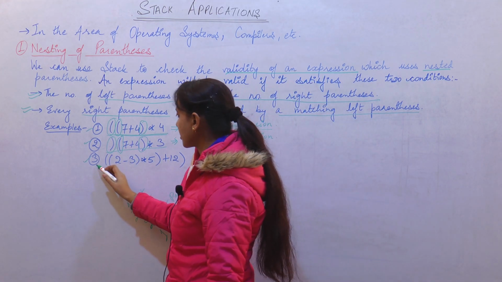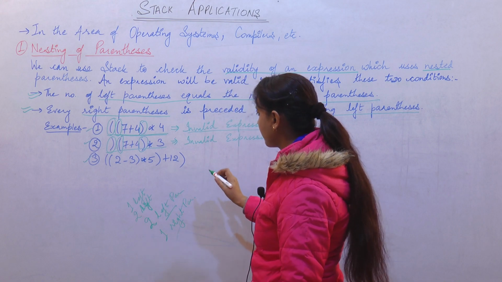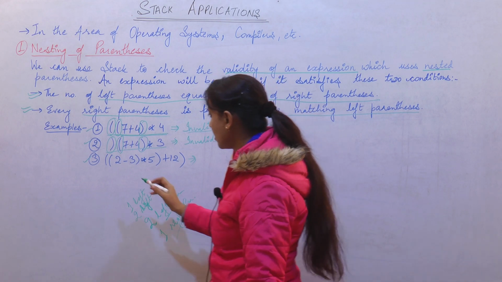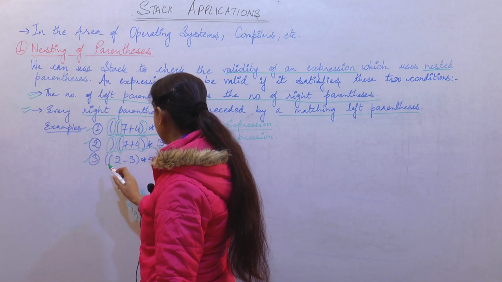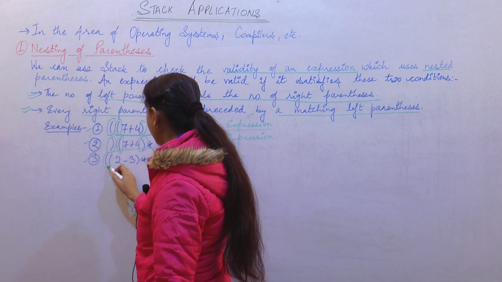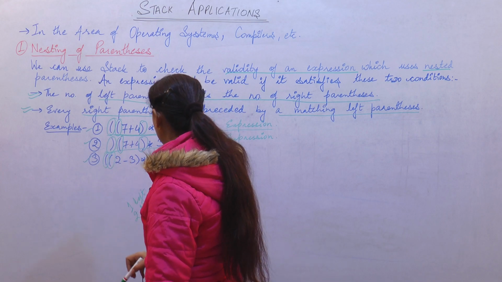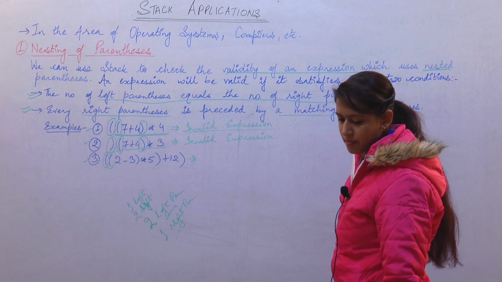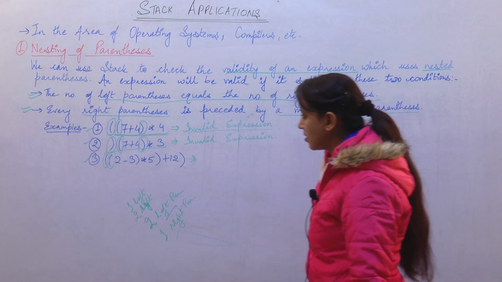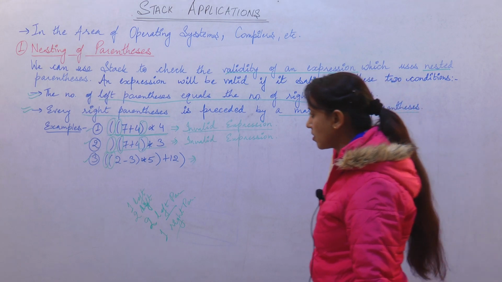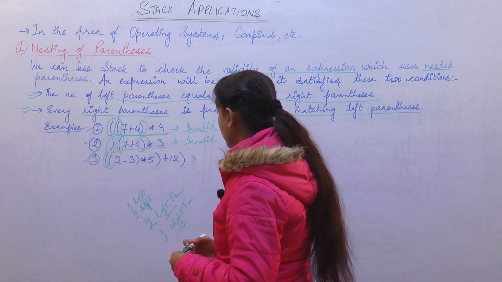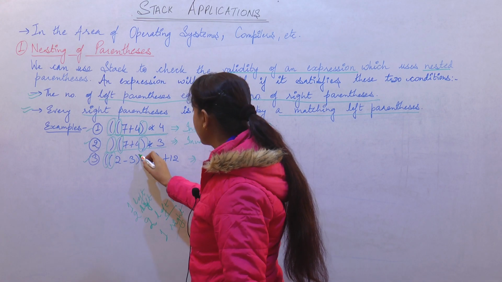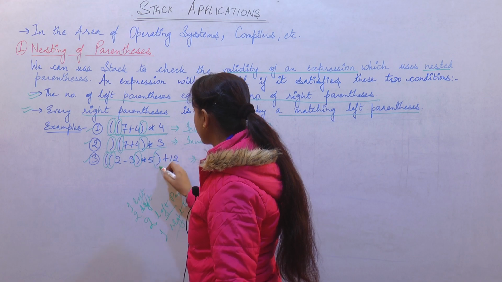Now checking the third expression. In the third expression we will first calculate the number of left parentheses. We have 1 and 2, two left parentheses, and now we will calculate the number of right parentheses, 1 and 2.